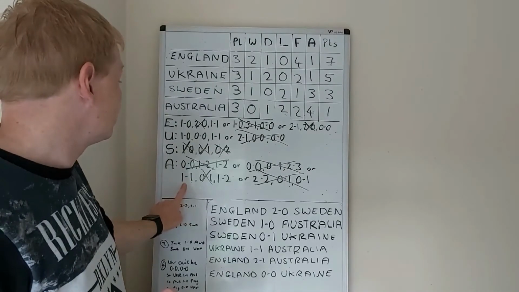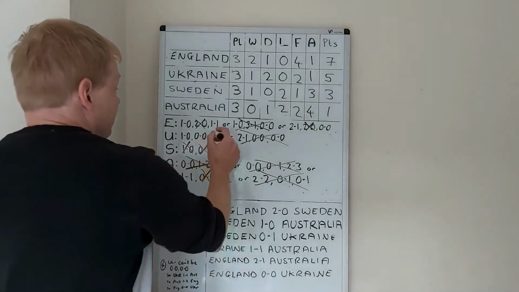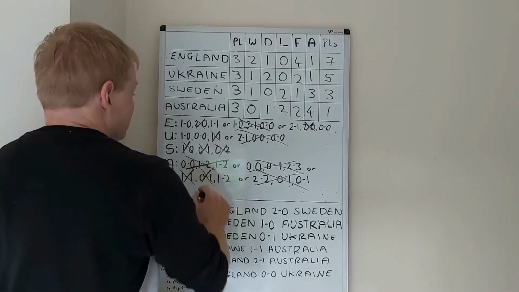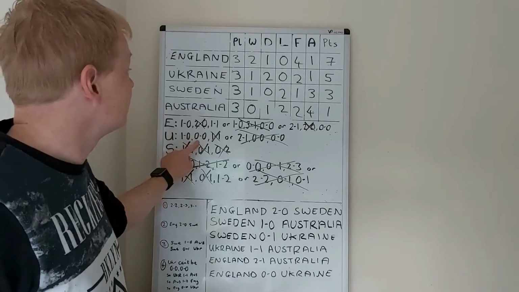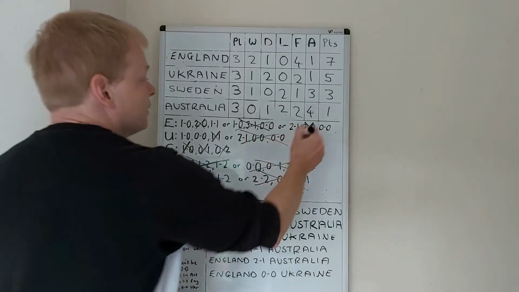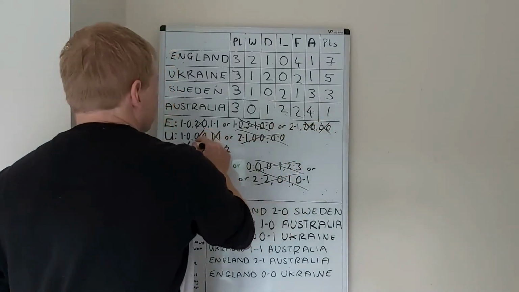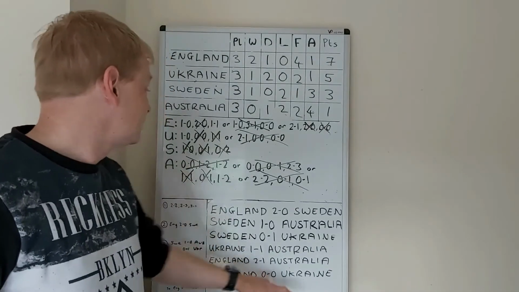So we know that Ukraine and Australia drew 1-all. We can put that one down there and cross out the results. That leaves the obvious one for England, the 0-0 draw. We know that crosses with that, they match. So we can enter England and Ukraine at the bottom.